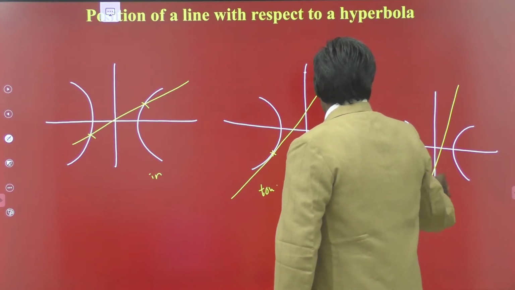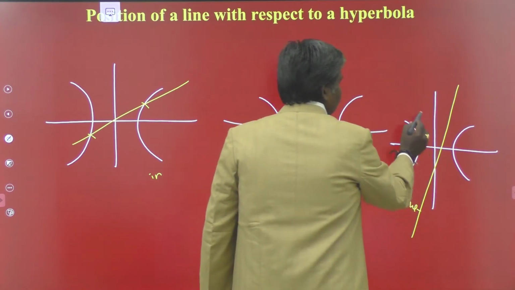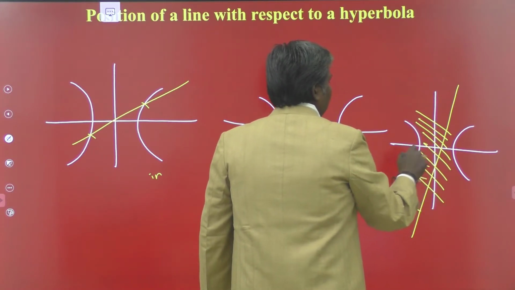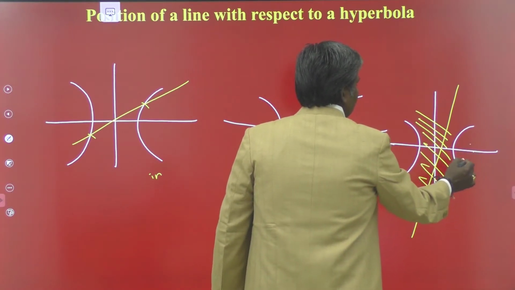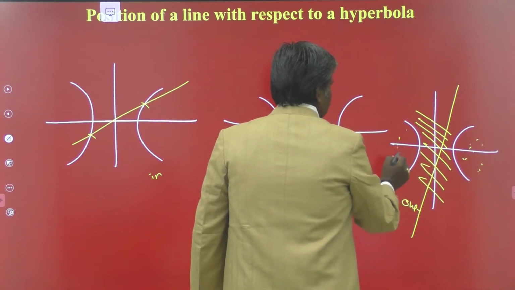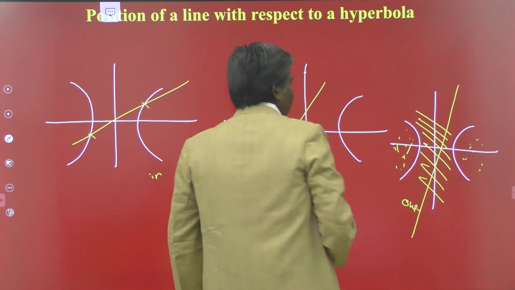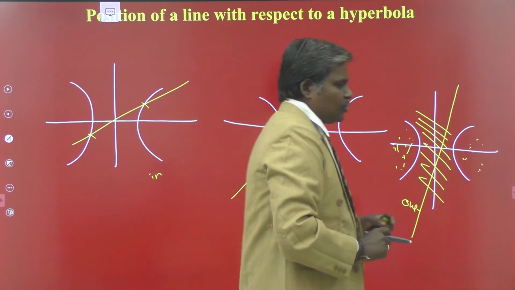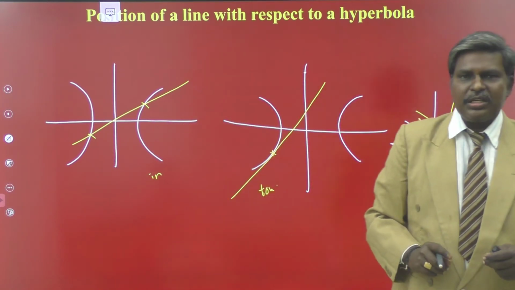This portion is the outside portion of the hyperbola, and this is the inside portion of the hyperbola. Understand? In this manner we can define the position of the line with respect to the hyperbola.